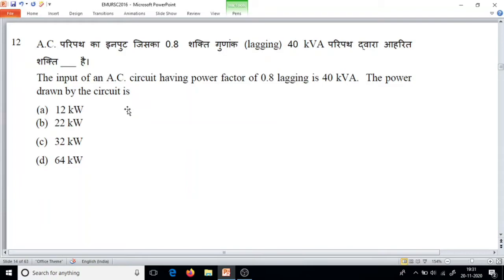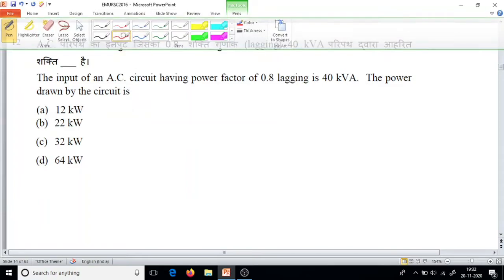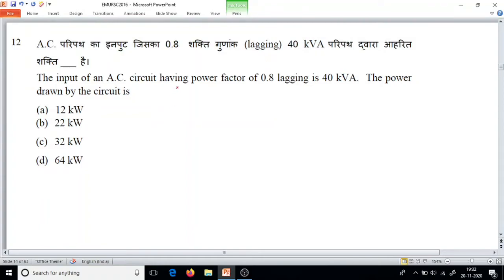Question number 12. The input of an AC circuit having power factor of 0.8 lagging is 40 kVA. The power drawn by the circuit. So the power equals VI multiplied by 0.8.